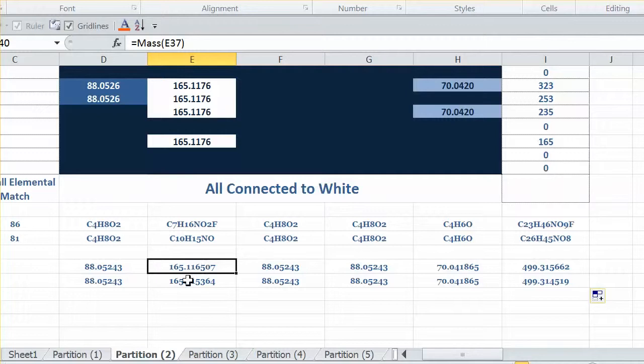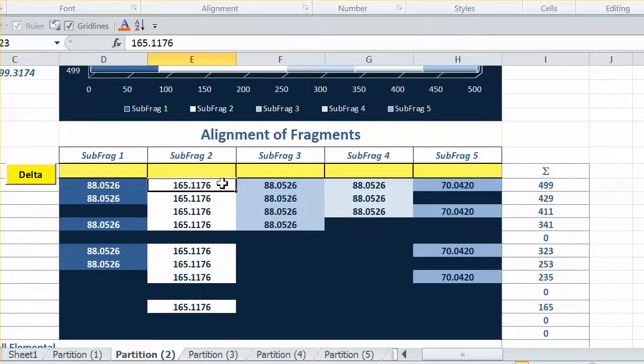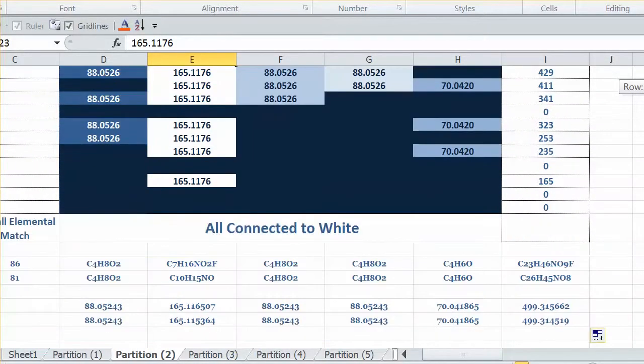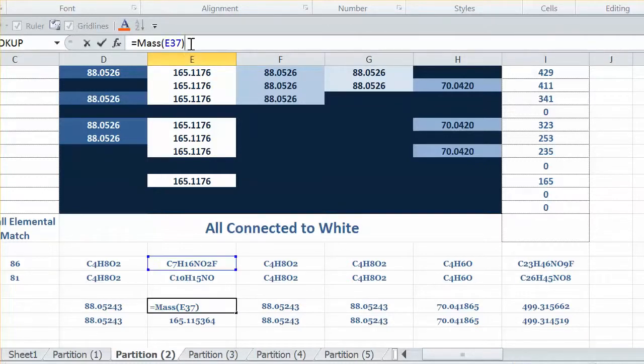If we want to look at how close these things are to the calculated mass from the data, that's in row 23. So I can say minus E23, and also I can multiply it by 1,000. I like millidaltons.